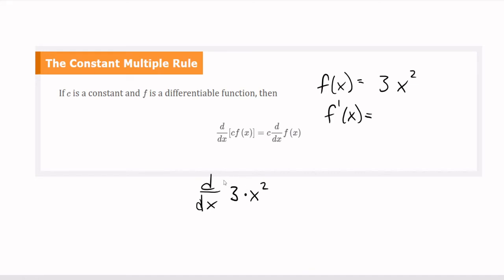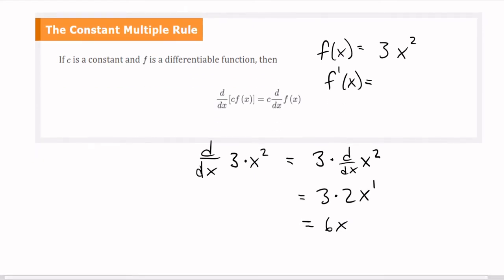We can take the 3 and pull it out of the derivative, just like we could pull a constant out of the limit. So this is really equal to 3 times the derivative of x squared, which we know, right? We have the rule, 3 times drop the 2, x to the 1, because I do 2 minus 1, which is 6x. All done.